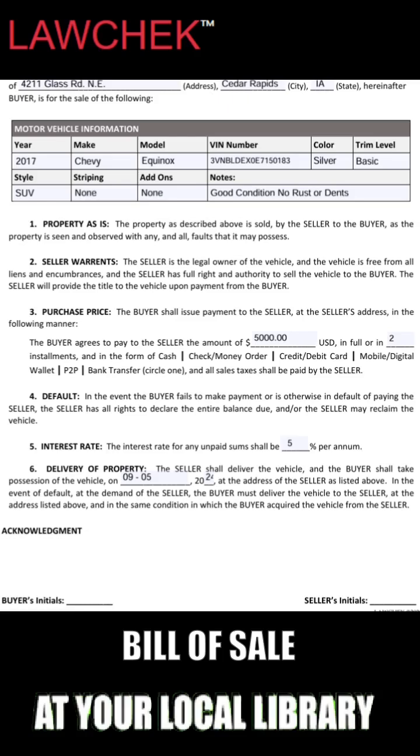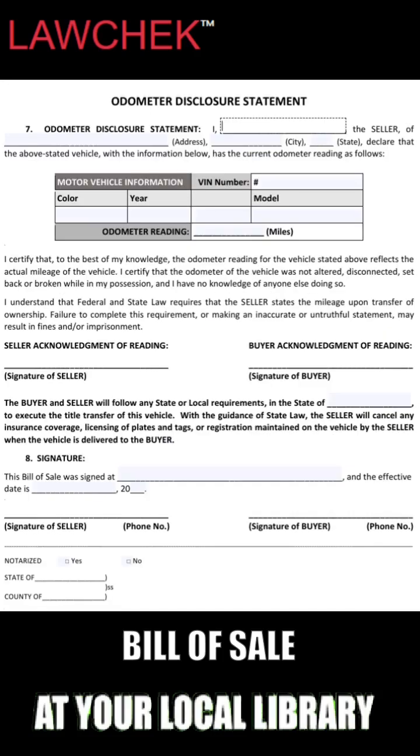Now let's go to page 2 of this bill of sale. It is federal law, and in most states it's required, that you have an odometer disclosure statement. This is important. Only the seller needs to sign on this part of it. Only the seller needs to make this affirmation.